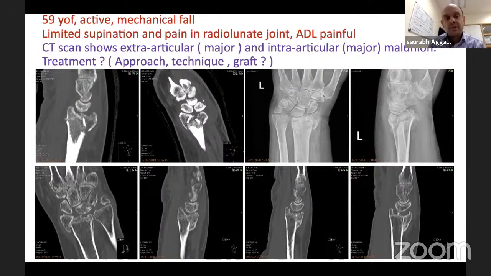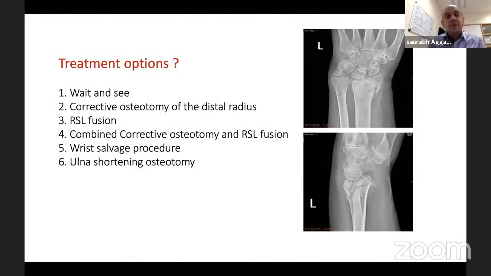So let's see what we did. So in terms of treatment, we've decided, yes, we need to operate on her. Well, what are the treatment options? Can we wait and watch on her, hoping in a year's time it'll get better? Corrective osteotomy of the distal radius, like in the last 2-3 cases. Radioscapholunate fusion, because she does have radiolunate arthritis and clinical pain.